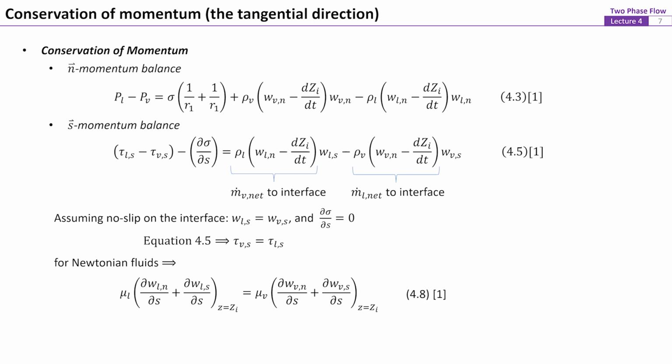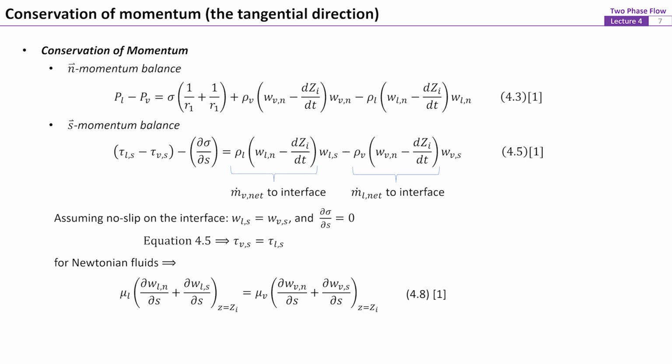Note that the result of mass conservation, equation 2, was used in this derivation. Then, following the definition of the shear stress for Newtonian fluid, which means that the viscosity is constant, equation 8 can be obtained for the momentum equation in the direction tangent to the interface.